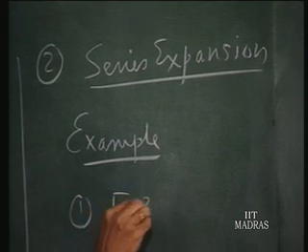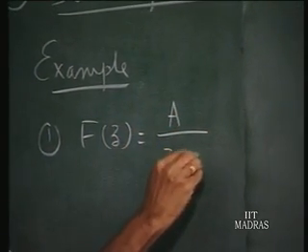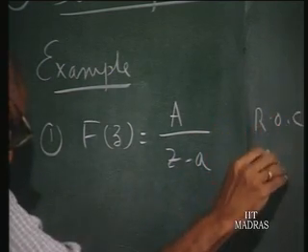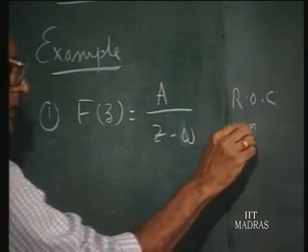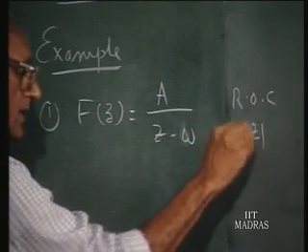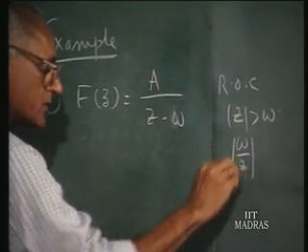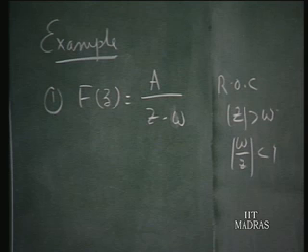Suppose I say F(z) equals a upon z minus a, and the region of convergence is, let us say, |z| greater than omega, or |omega over z| is less than 1. Therefore, we would like to expand this in negative powers of omega over z.